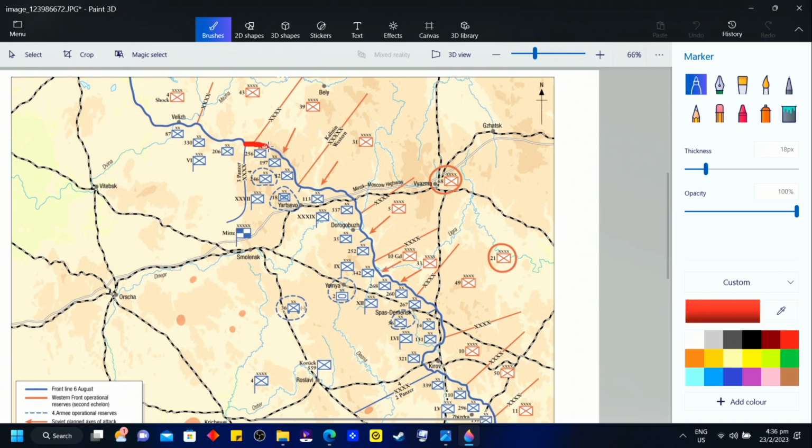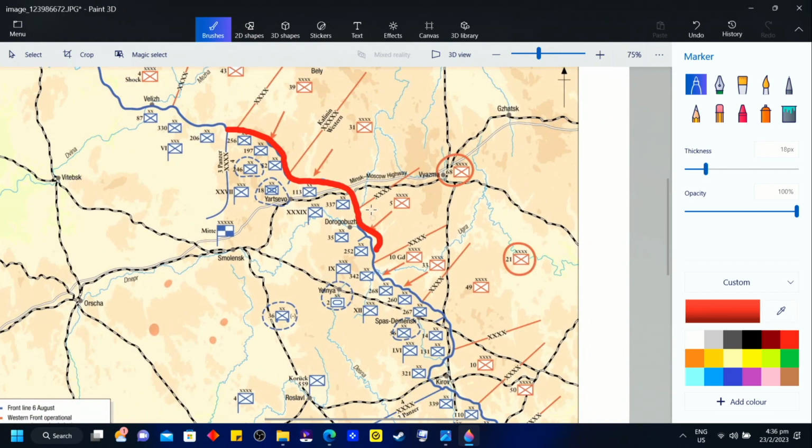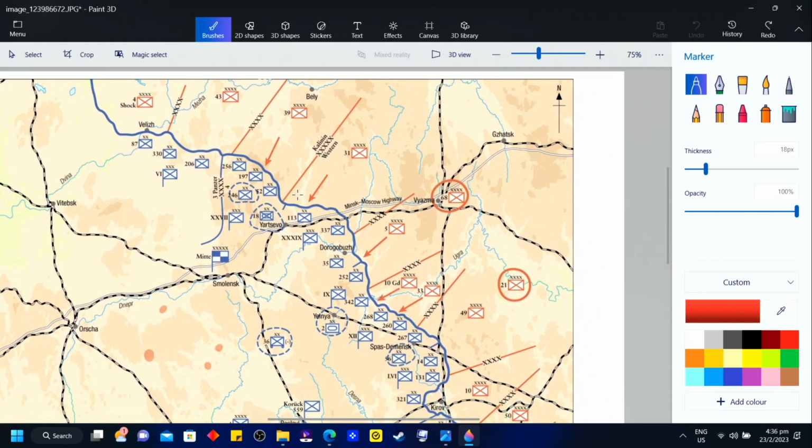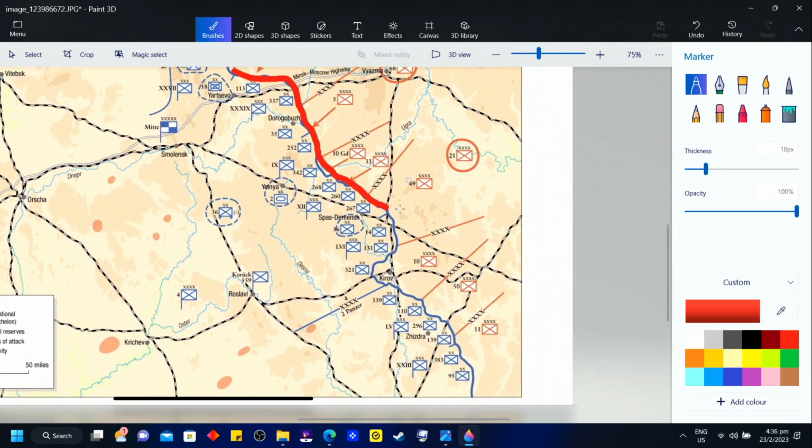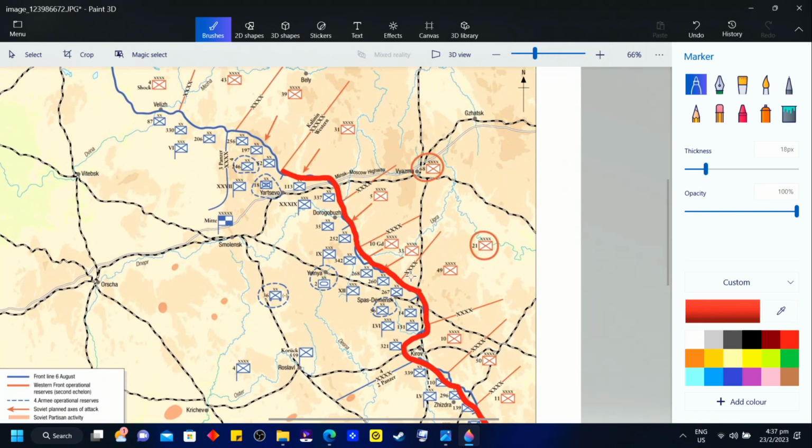So this is where the Western Front is located. It's here, around here, all the way until here. So this is the Western Front for the Soviet side.